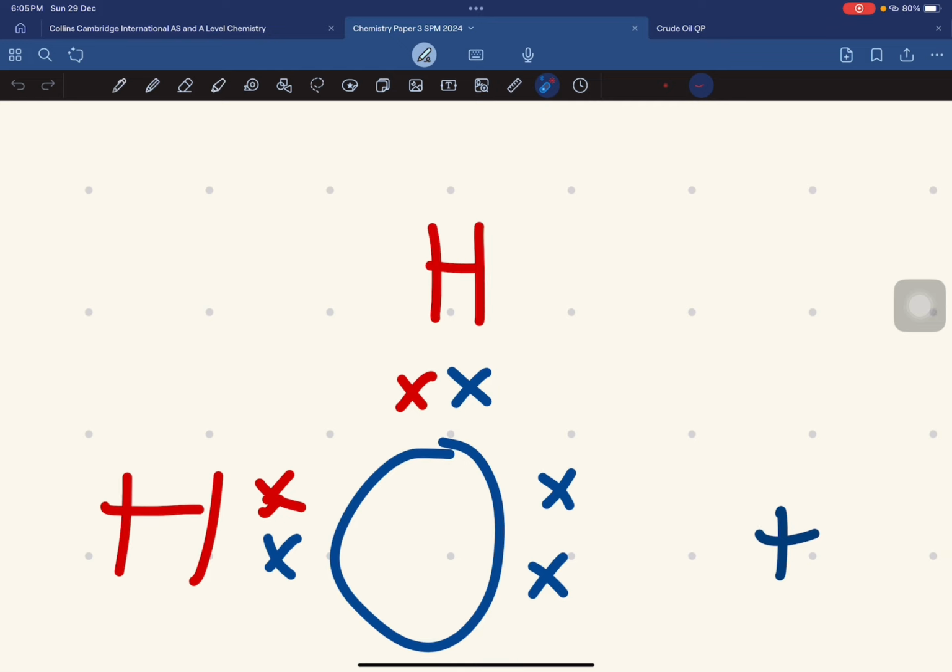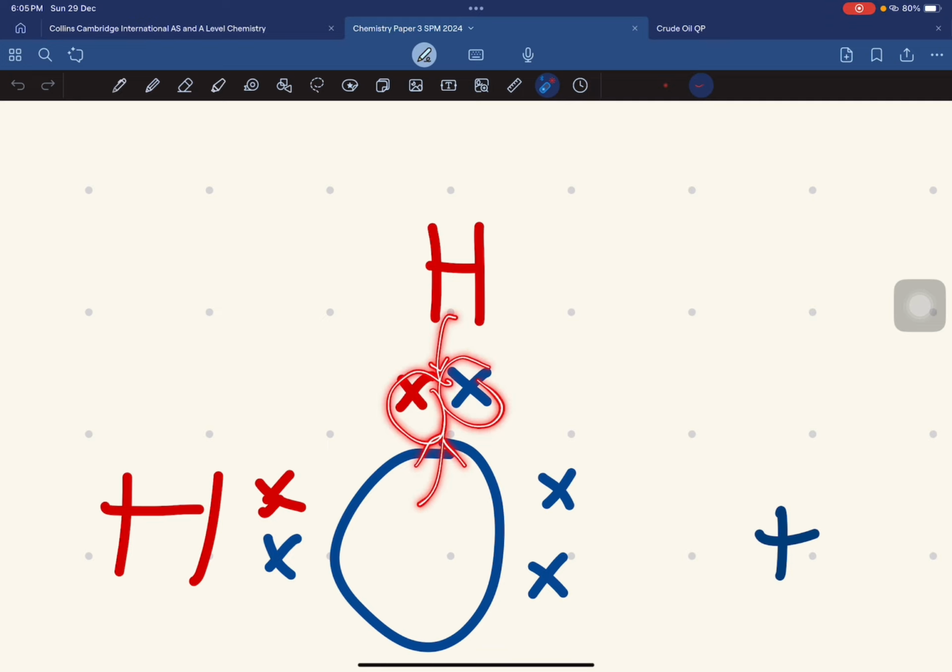Okay, so why this one is called a covalent bond is because in this sharing, this hydrogen atom contributes one electron and this hydrogen atom contributes another one electron, so that both of these atoms contribute an electron each. So therefore, they are sharing their electrons together.